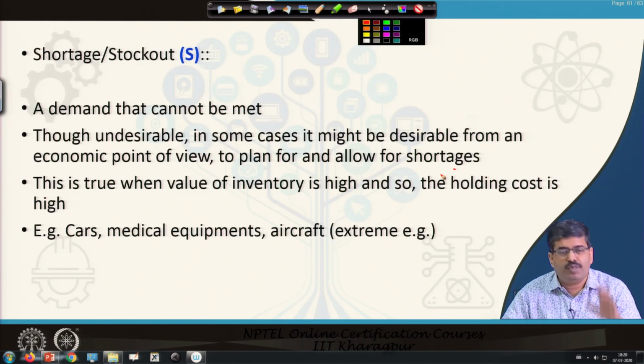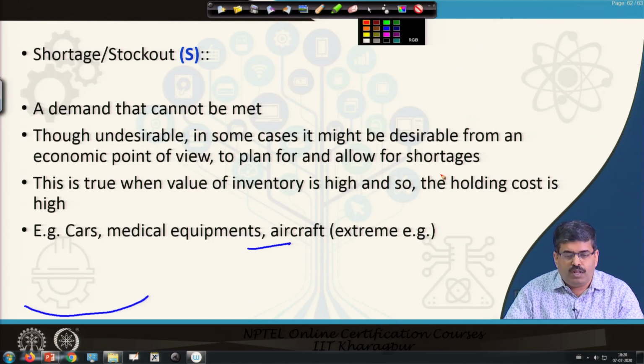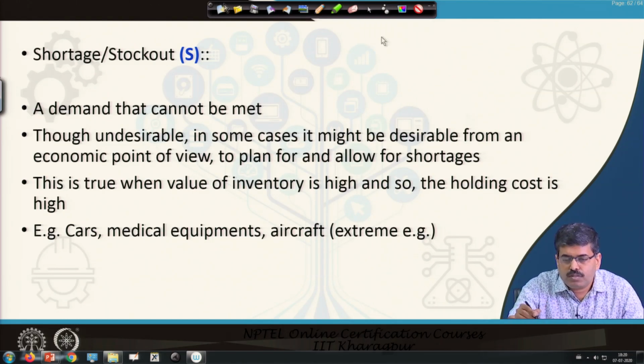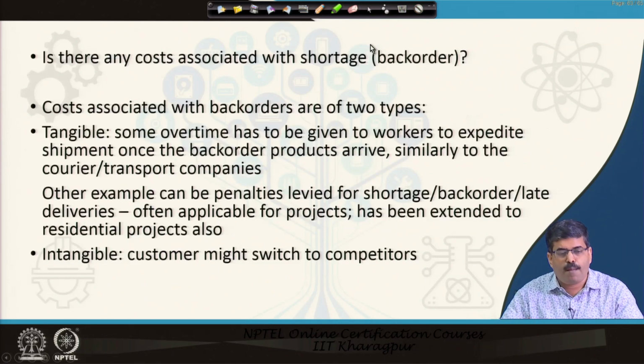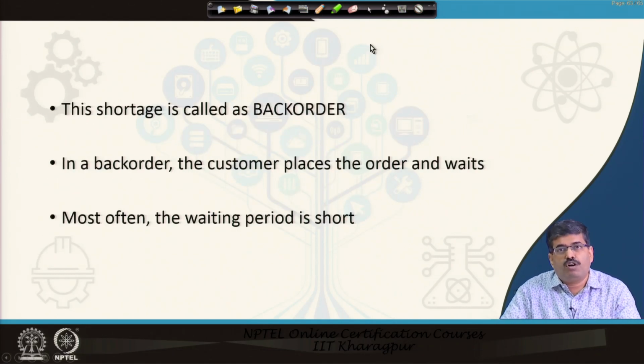Let the demand come, let us take some time, we will send it to the customer. This is called a planned shortage or a planned stock out, because otherwise products are just not saleable and build up, and there is no use of them. This shortage is called a back order.